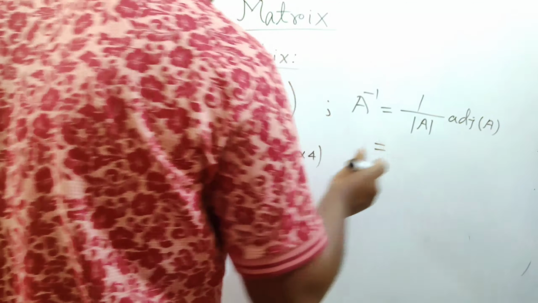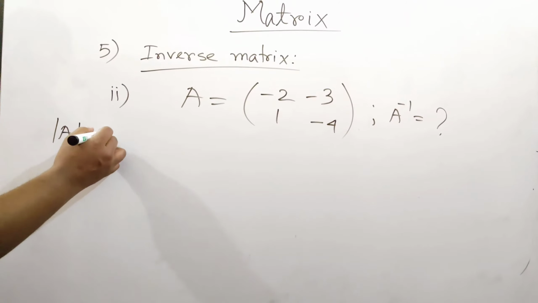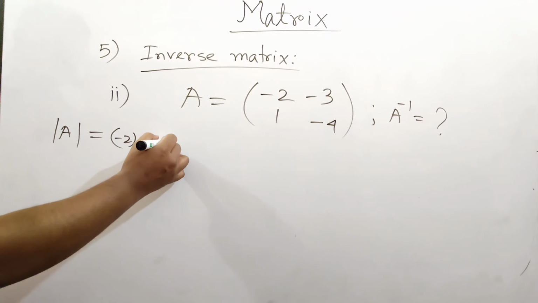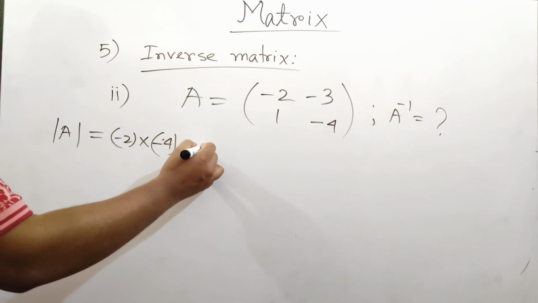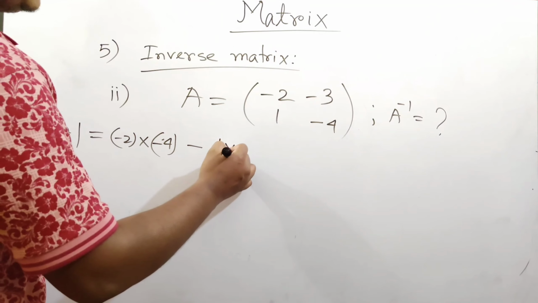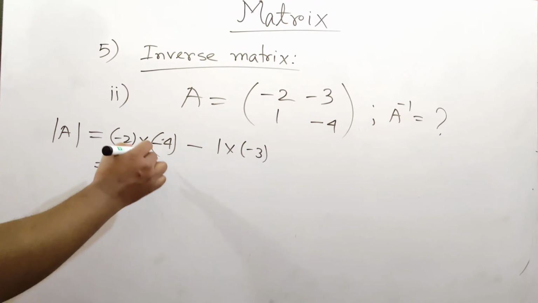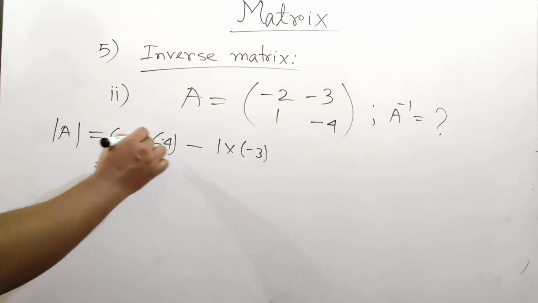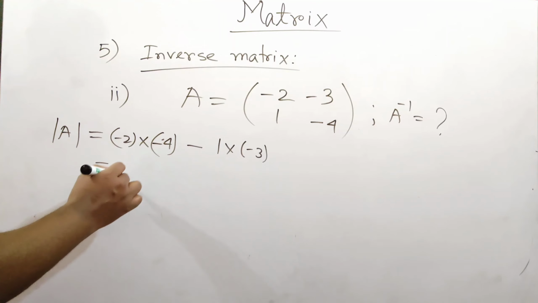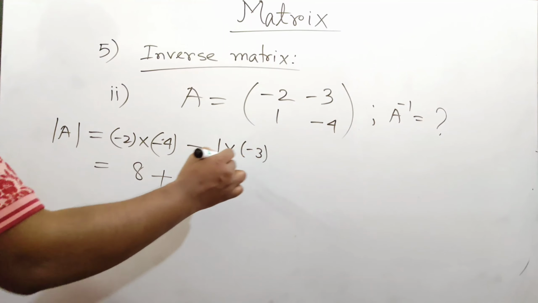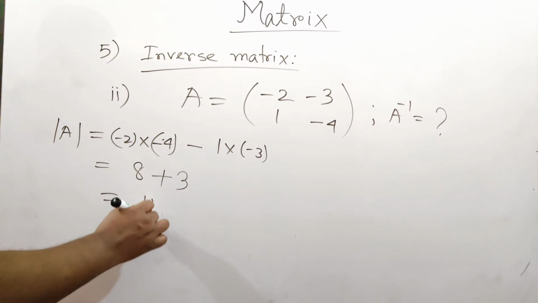First you need to find the determinant of A, that is negative 2 multiplied by negative 4 minus 1 multiplied by negative 3. You first multiply the first diagonal and then the second diagonal. That should be negative 4 times negative 2, that is 8, and negative times negative, that is positive 3, that means it is 11.